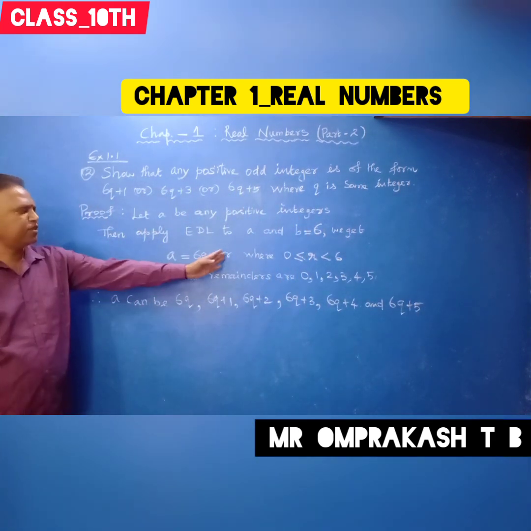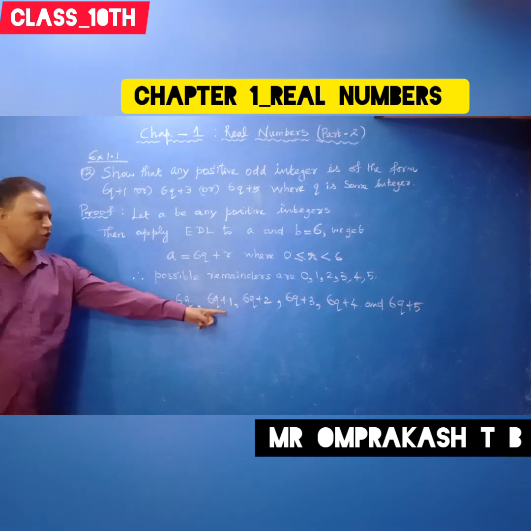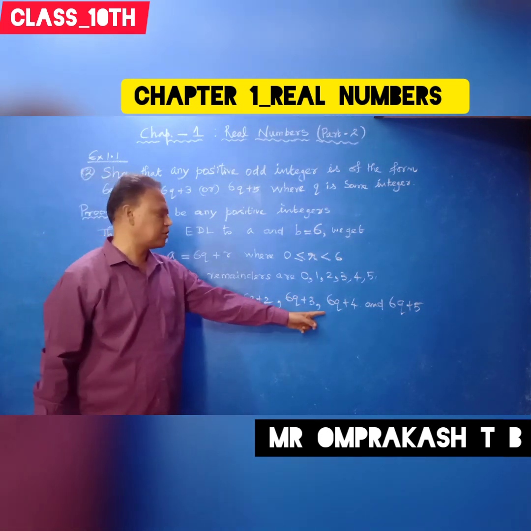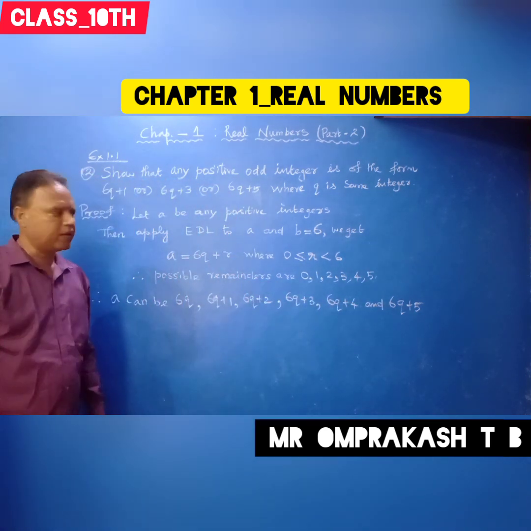So just replacing the value of r. Clear? a can be 6q plus 1, 6q plus 2, 6q plus 3, 6q plus 4 and 6q plus 5.